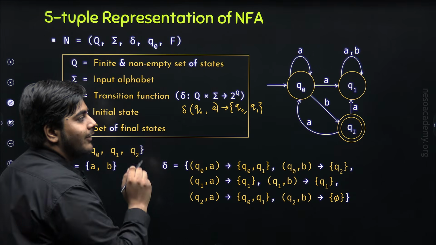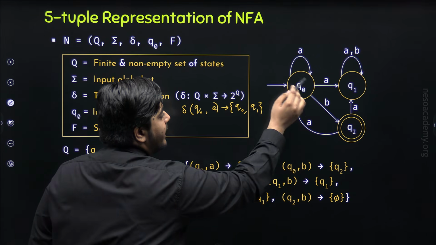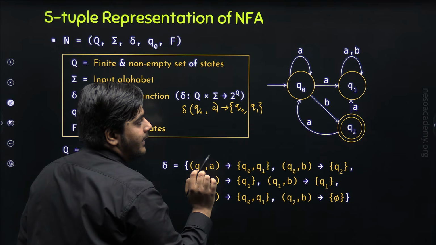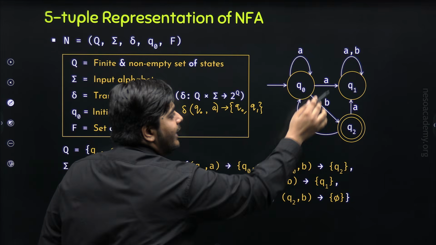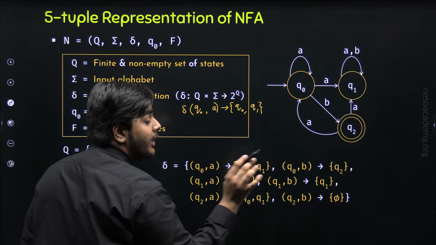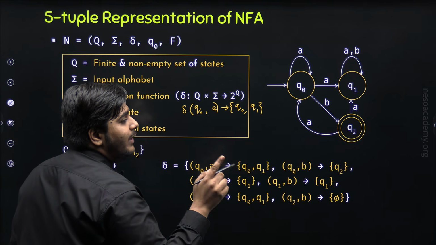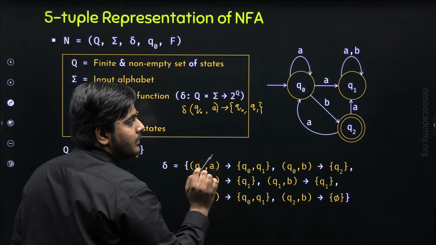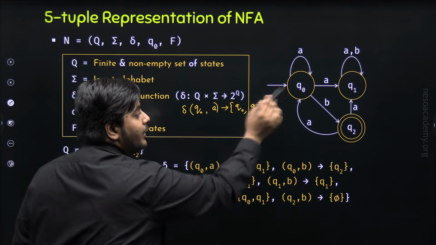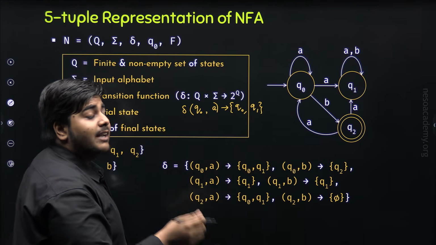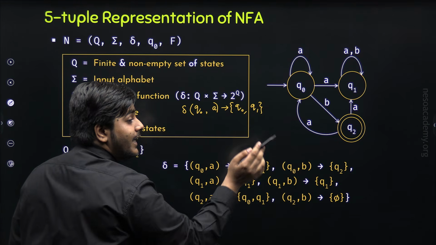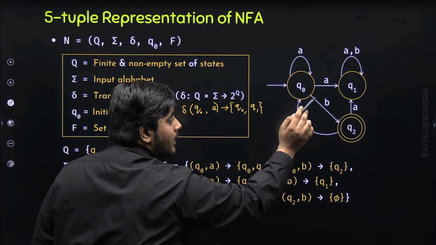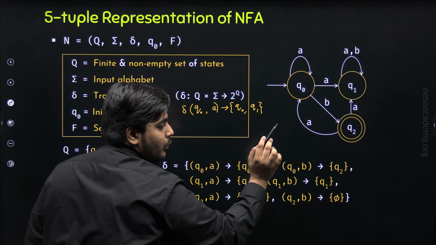Let's verify with this diagram. Suppose you are at the state Q0 in this NFA, and for now, let's ignore all these transitions. You have to tell me how many next states are possible from the current state Q0. So if you are on the current state Q0, the next state can be only Q0, only Q1, or only Q2.